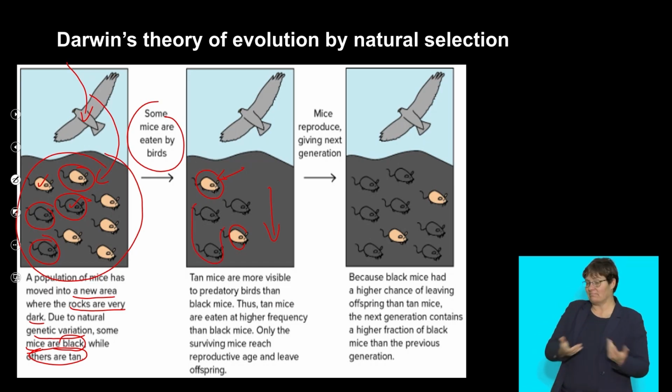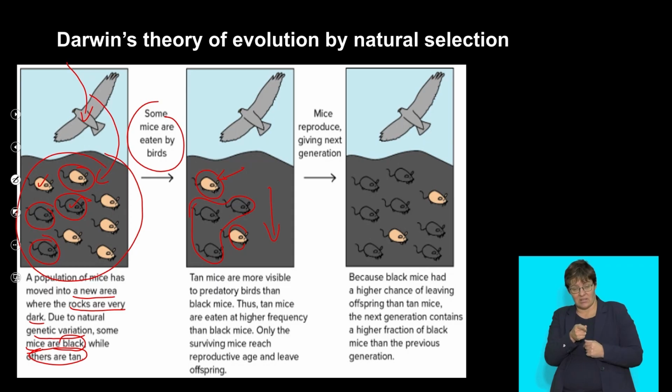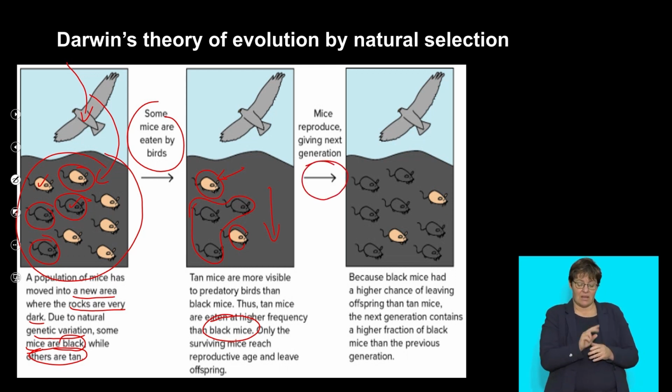This means that the individuals more suited to the environment, namely the black colored mice, have a greater chance of surviving. And so we find that gradually over a period of time, the distribution of their numbers has significantly changed.